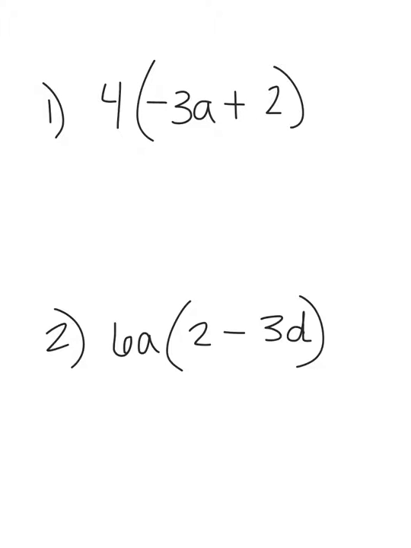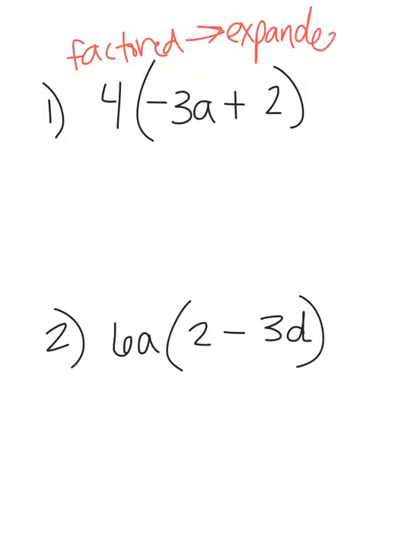So you should have changed these into expanded form, and I probably should have specified that. So we're going to go from factored to expanded form. So again, if you're looking at the first example, I noticed that my addition sign is already an addition sign, so you don't need to worry about changing the sign. So I can go ahead and just share the 4.